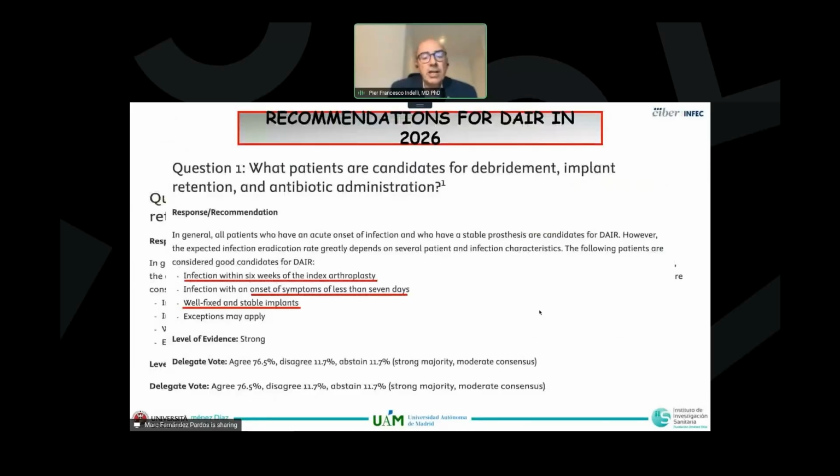So the recommendation from the consensus meeting in 2026 is the following: infection within 6 weeks of the index arthroplasty, onset of symptoms of less than 7 days, and a well-fixed and stable implant. And you see an agreement among the delegates of about 77%.